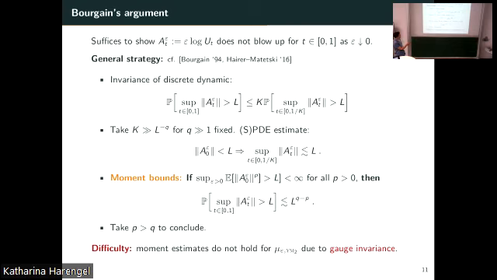You use the fact that your dynamic is invariant to say that if it crosses some large threshold L, it must have crossed the threshold L on one of these pieces, so you can upper bound that by the sum of the probabilities over these individual pieces. Then you use the invariance to bring everything back to time 0. This dynamic has a nice invariant measure. Then you take k to be something very large in comparison to L. So this should not be a minus Q, this should be a Q. So k is much, much larger than some positive power of L.